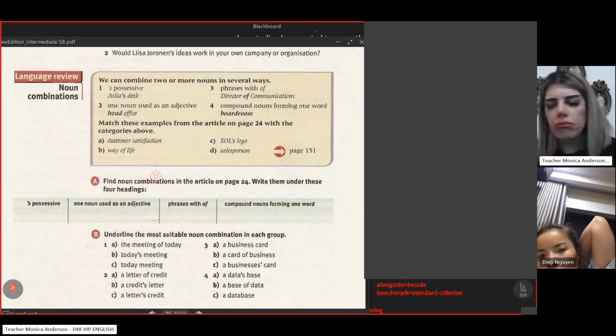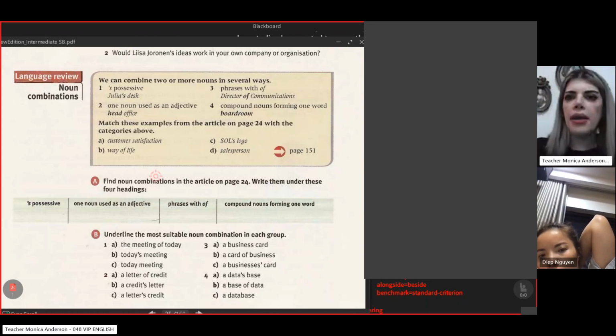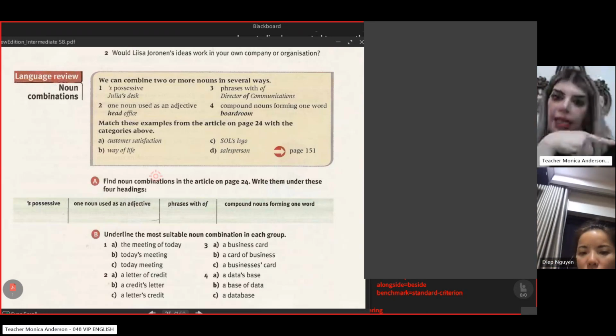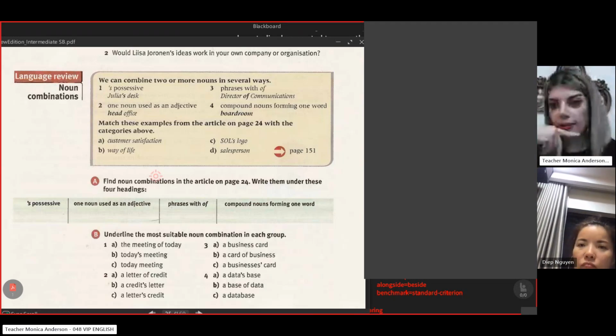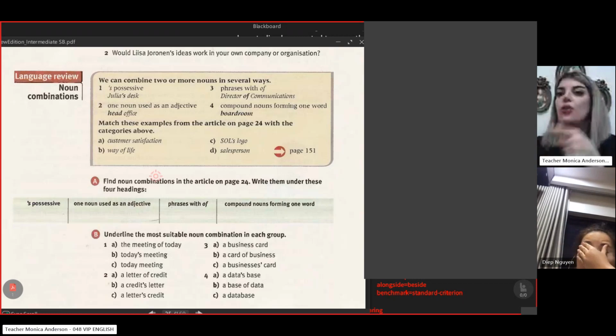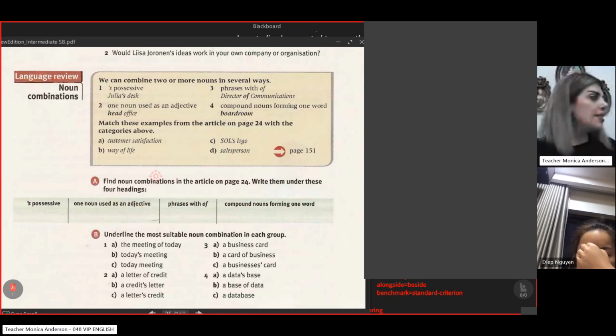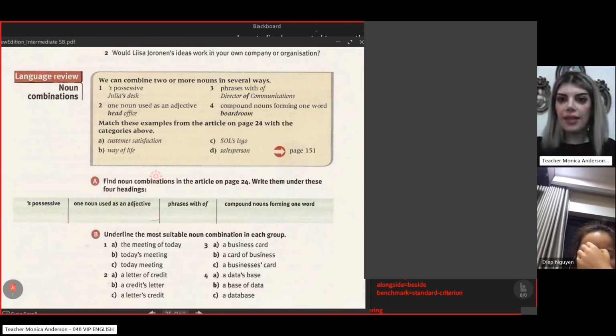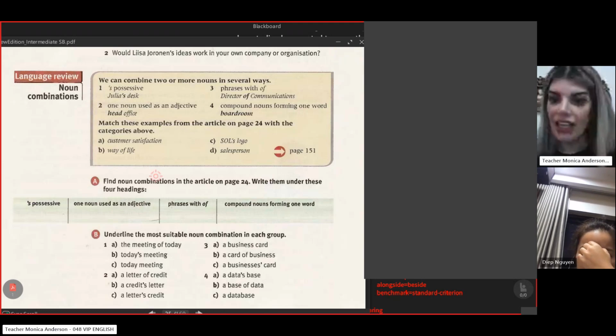Sometimes we have two nouns, for example, English class. Should I say class English or English class? One of them should be located before the other. There are two nouns. So English can be the adjective, and I say English class. We don't say class English. Or we say American people. American can be an adjective, but there are two nouns.